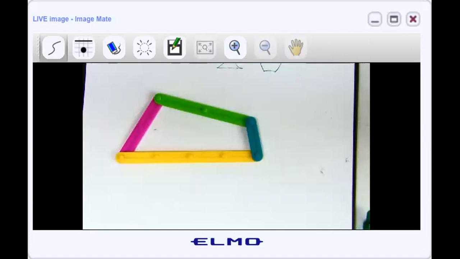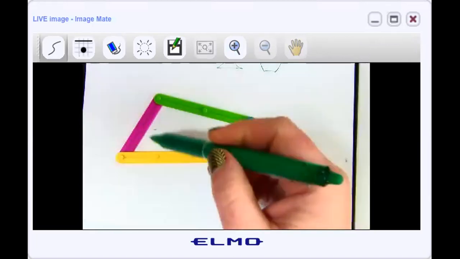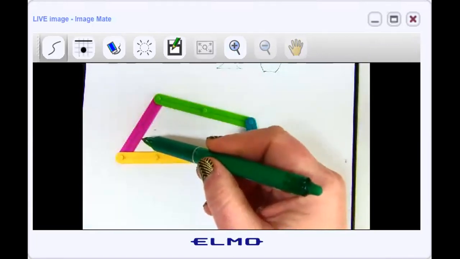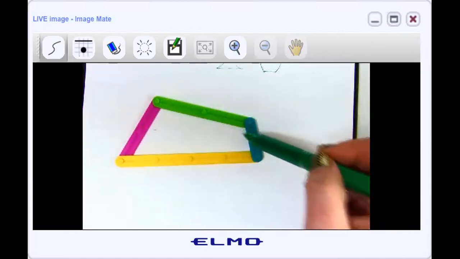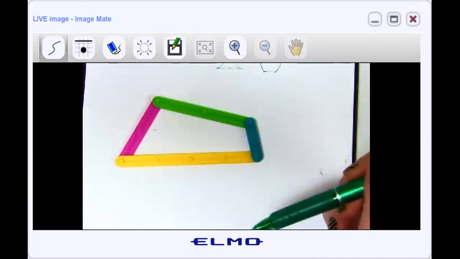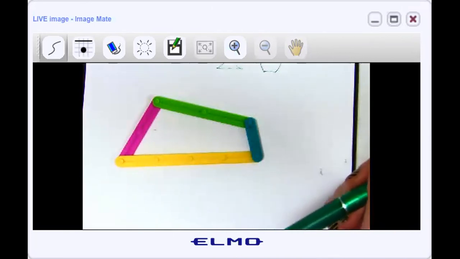Take a guess. I've got one guess so far. Anybody have another guess? If I whipped out my protractor and actually measured these four angles, 1, 2, 3, 4, and added them all together, what do you think it would add up to?